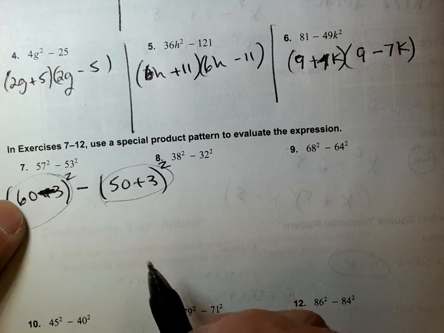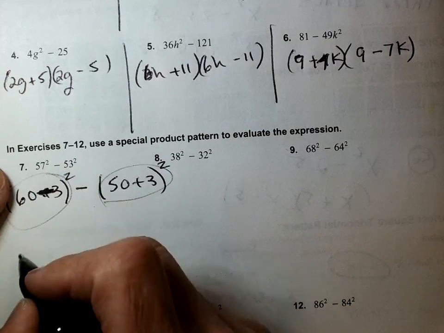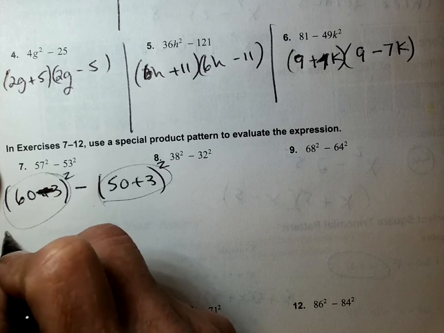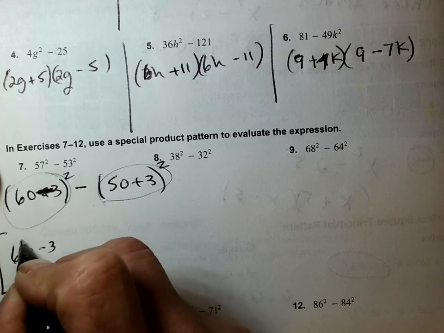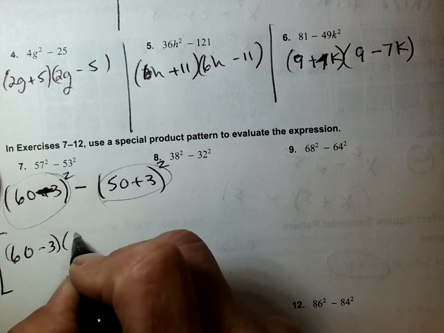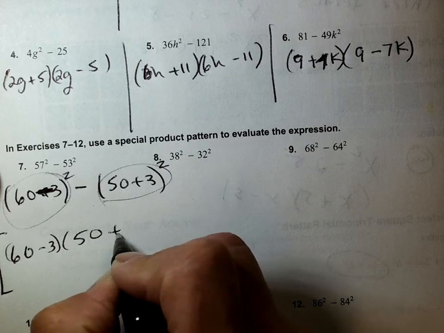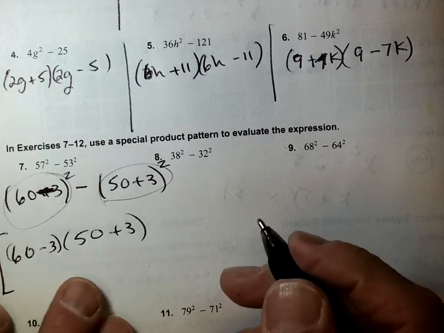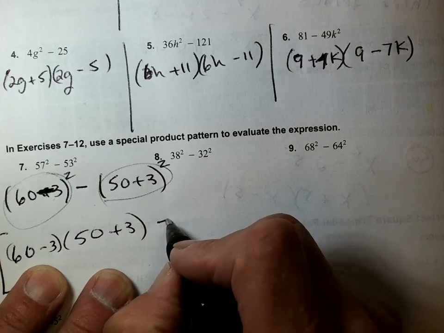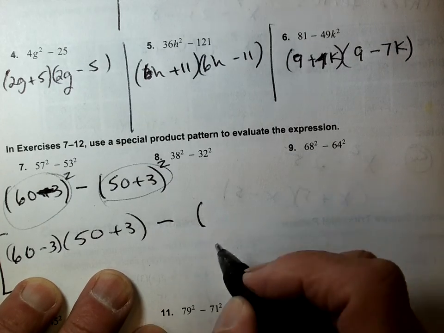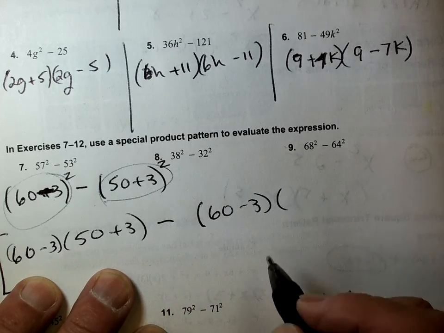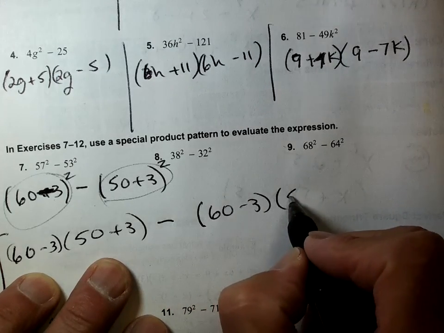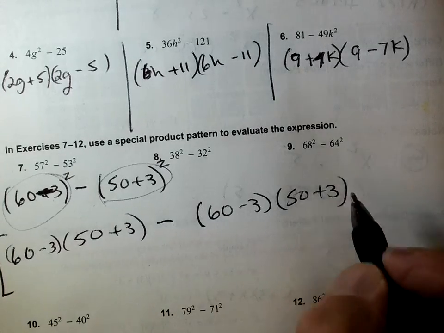So if we do difference of squares, we'd have 60 minus 3 times 50 plus 3, right?